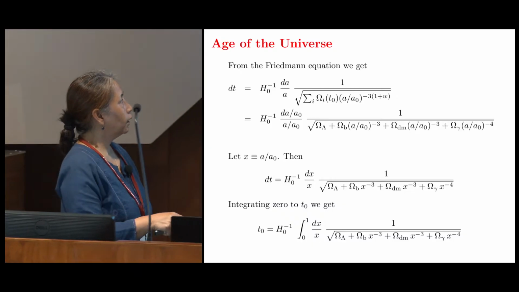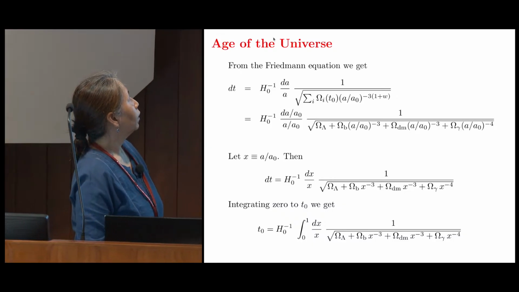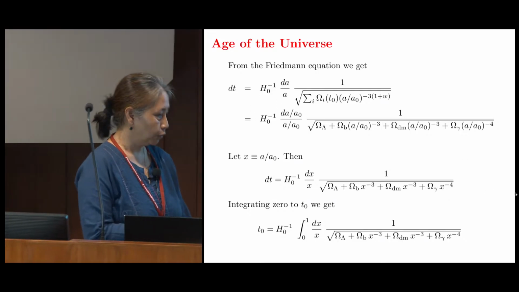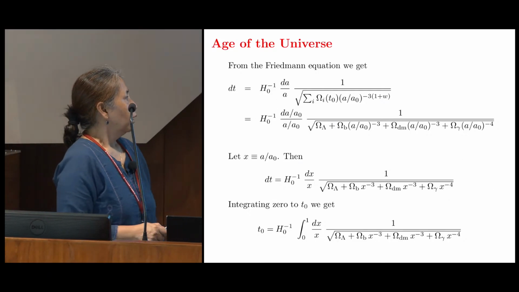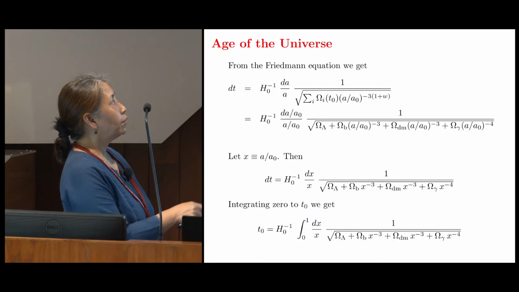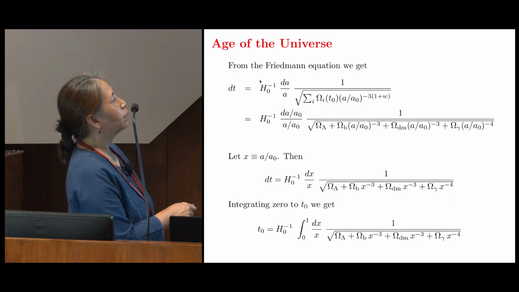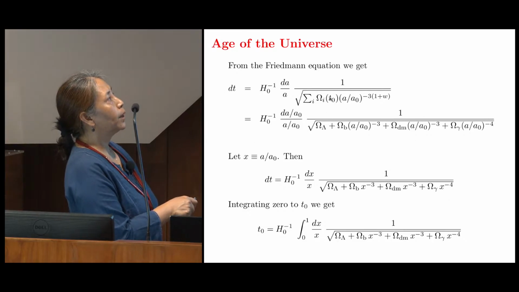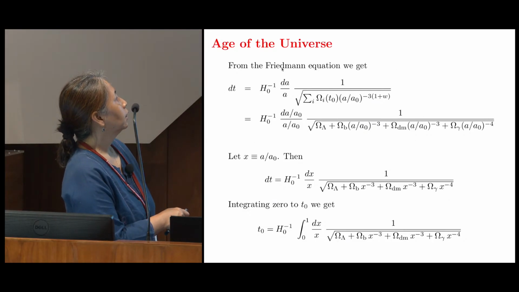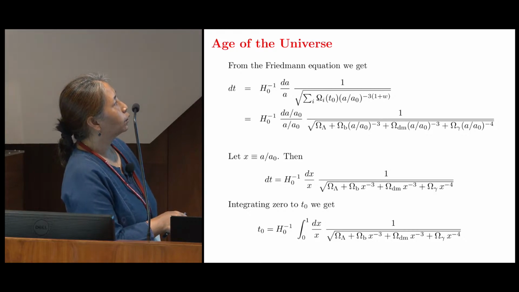Another thing that I will talk about is the age of the universe. Again from the Friedmann equation, you can introduce the omega parameters that you have defined and scale with them.